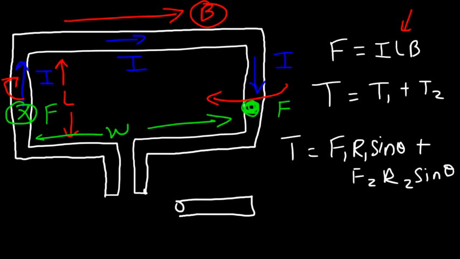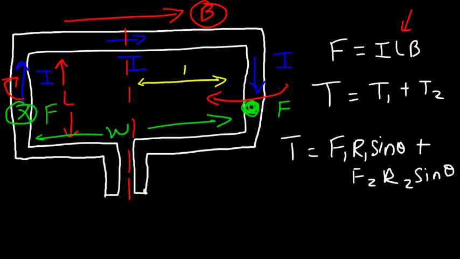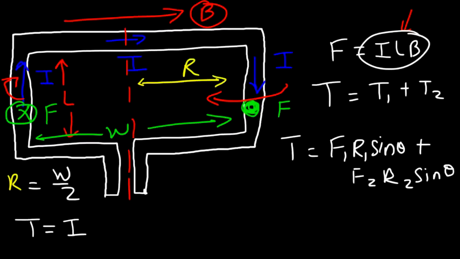So in this particular problem, the axis of rotation is here. Which means that R is half of W. So R is W divided by 2. So now we can replace F with ILB, and we can replace R with W over 2.